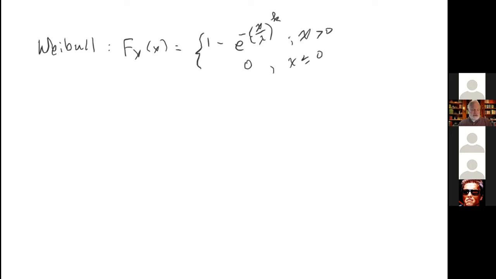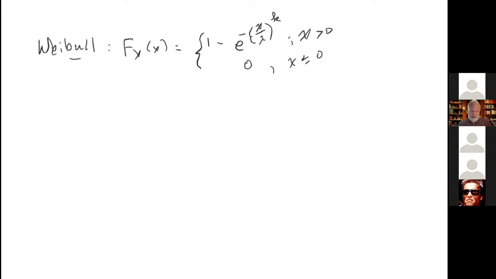This is a very interesting and very useful distribution. This isn't a class in probability per se, so we're not going to delve deeply into how this distribution is used and why it's one of the important ones. It's actually a generalization of the exponential distribution, and one of the nice things about it is it has a variety of different shapes that it can have.